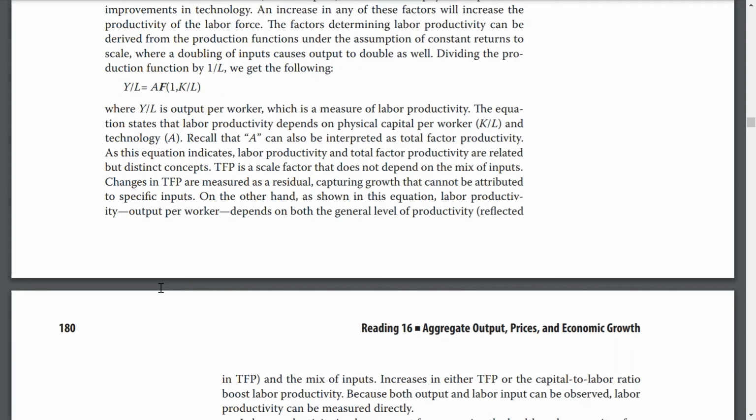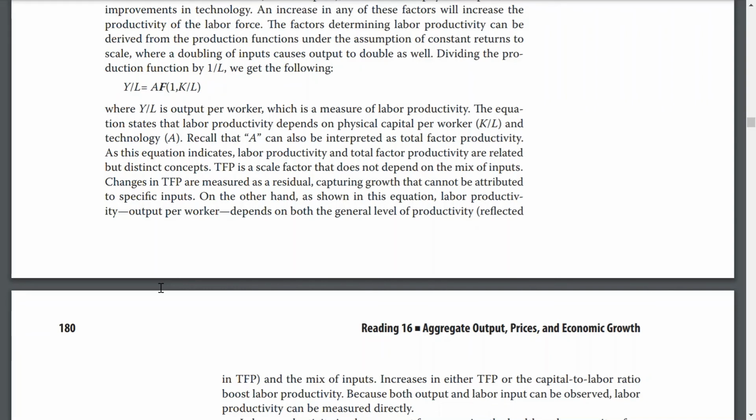and technology, recalling that A can also be interpreted as total factor productivity as the equation indicates. Labor productivity and total factor productivity are related but distinct concepts. The TFP is a scale factor that does not depend on the mix of inputs.